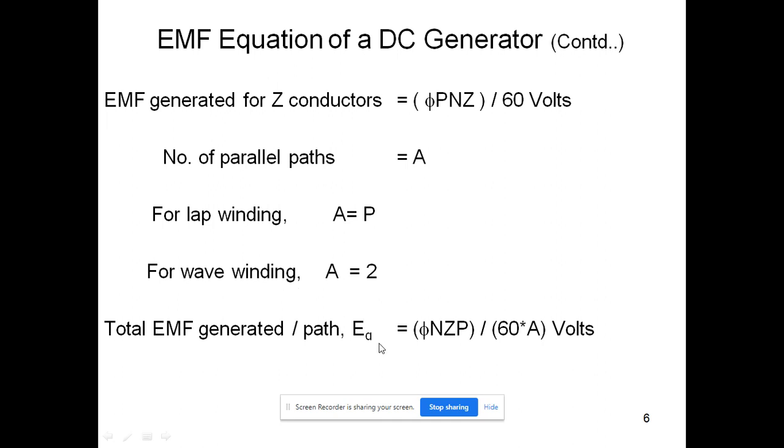So for wave winding, the EMF equation will be ZNPΦ by 60 into 2, that is 120. So students, please remember this EMF equation in order to solve the above problems.